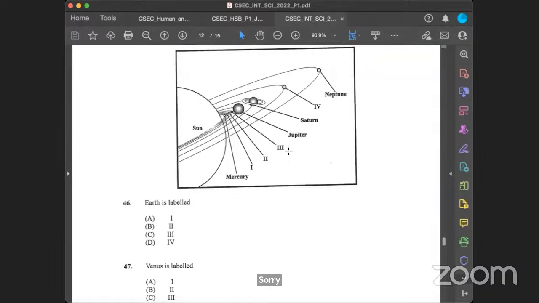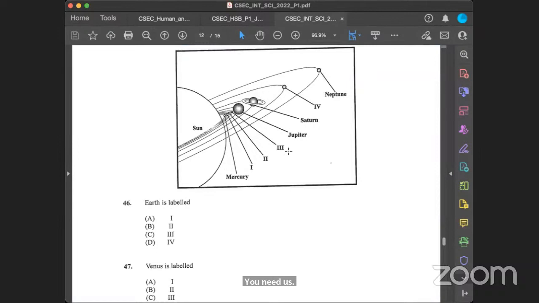What is the hottest planet in the solar system? Saturn? No. Venus. You might think that, oh, Mercury is closer, so Mercury must be it. No, it's actually Venus.